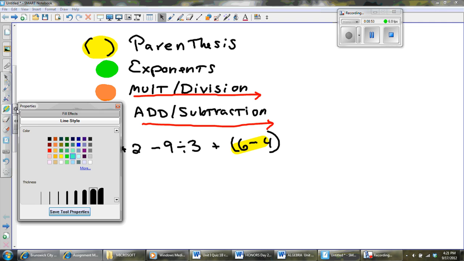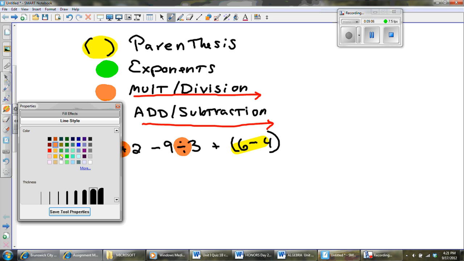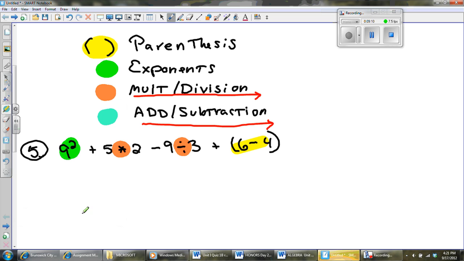Searching for multiplication and division. Multiplication detected. Division detected. Continuing search process. Searching for addition or subtraction. There is a lot of highlighting going on.